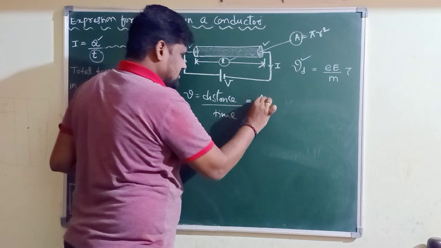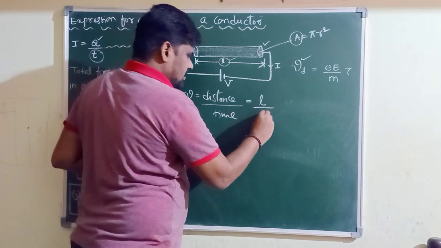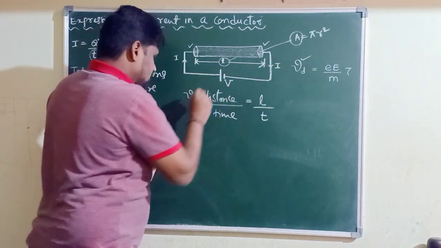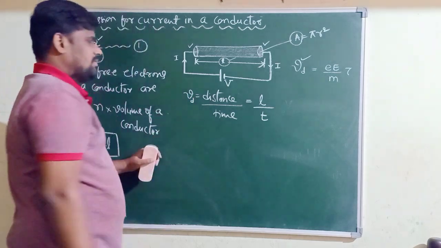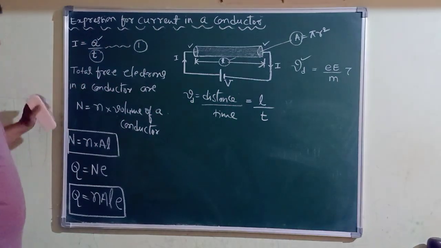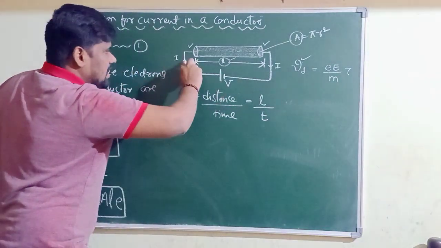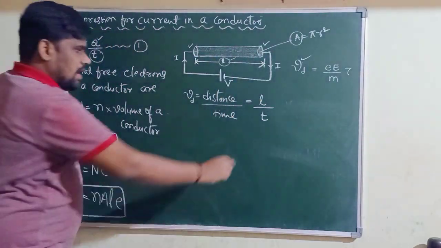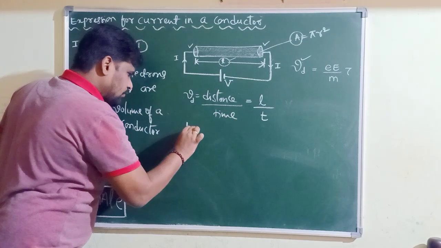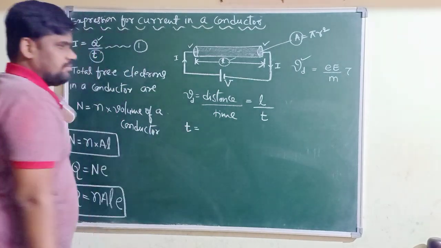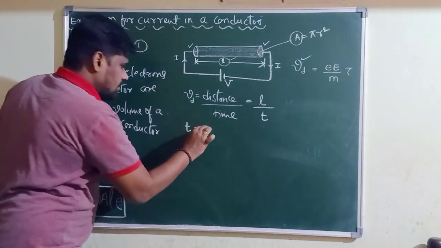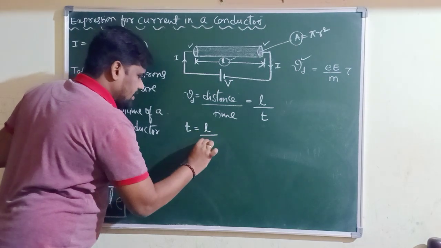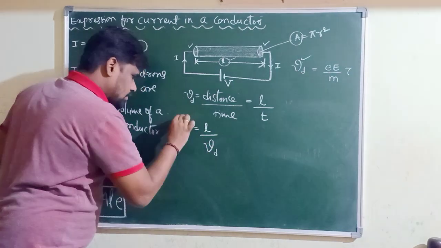Distance traveled is L. Time taken is T. With what velocity the charge is flowing? That is Vd. But we want how much time the charge is taking to flow from one end of a conductor to what? Another end of a conductor. Therefore, that time T is given by, what is time T? L divided by Vd. Concentrate here.